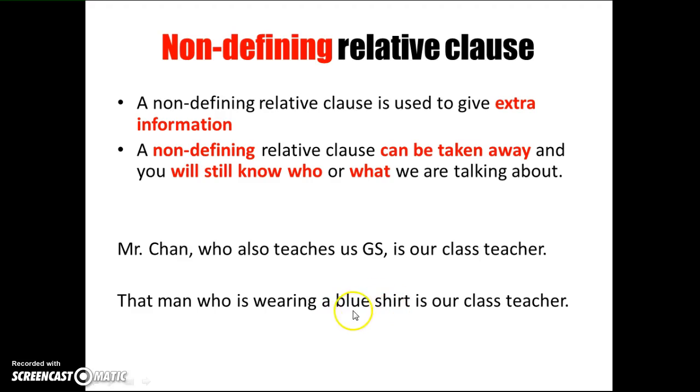Oh, the one with the blue shirt is our class teacher. But take a look. There are no commas here, because this relative clause is really important, and you can't take it away, because if you take it away, we don't know which man it is. So is this clear now? I think so.